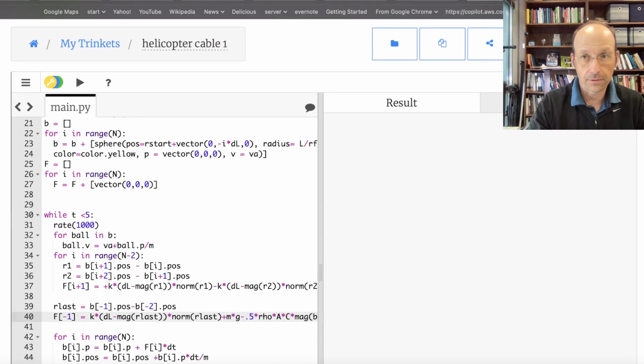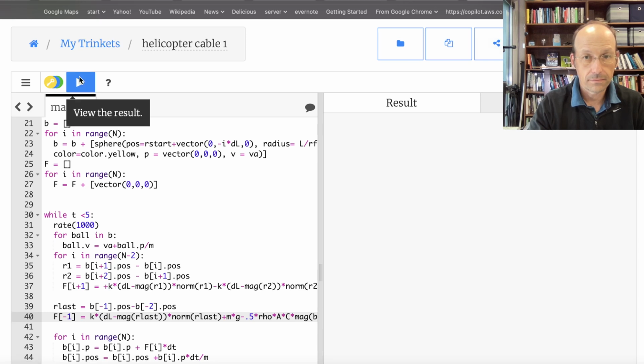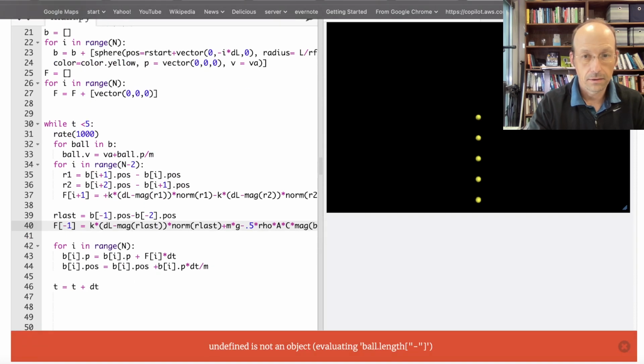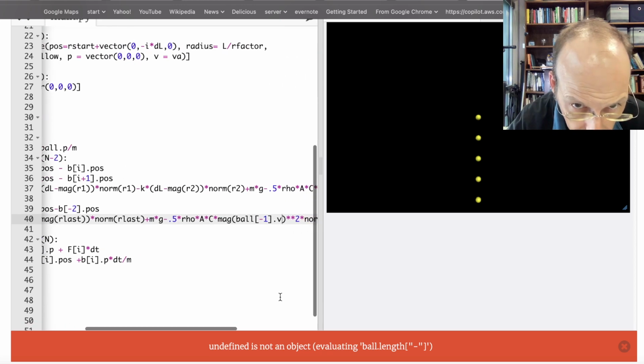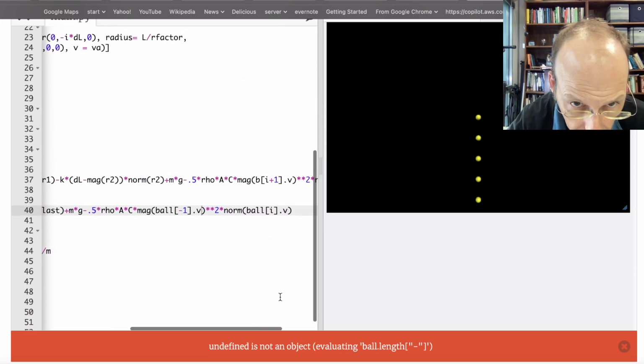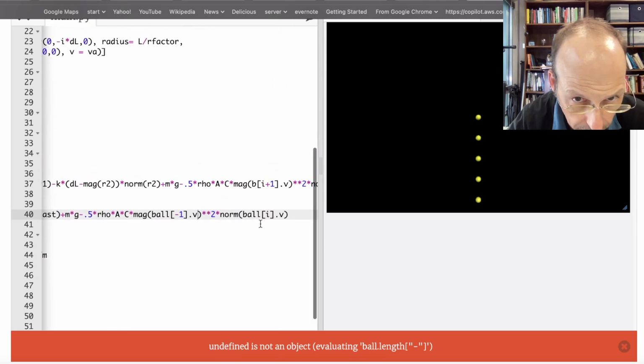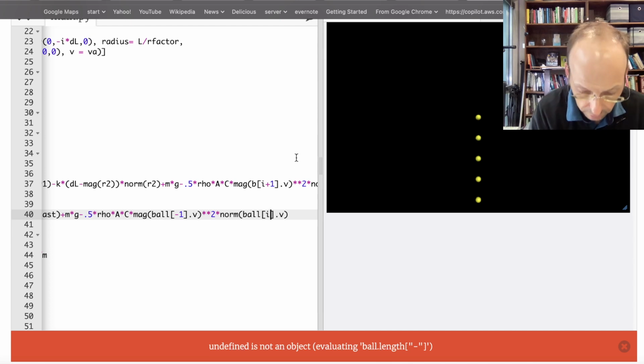I don't know if something's wrong. Aha. Ball.length, undefined object, ball.length. Undefined is not an object. Okay, what did I do wrong? Oh, this should be -1. Was that it?